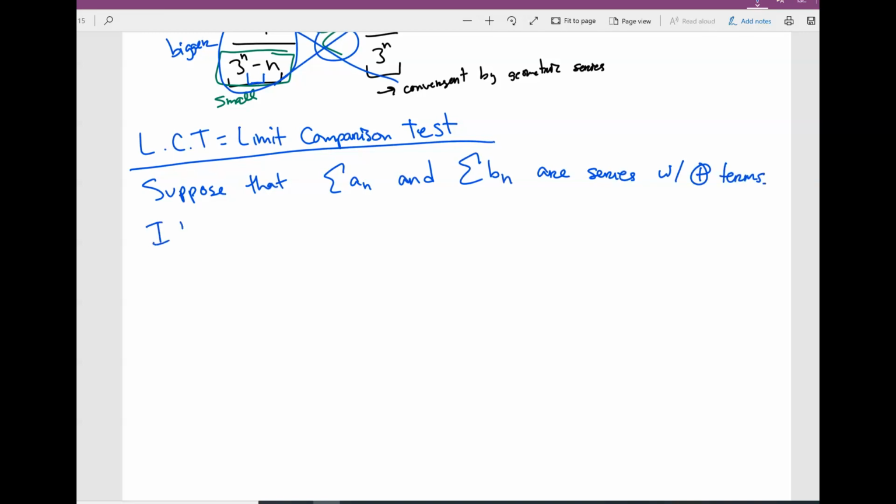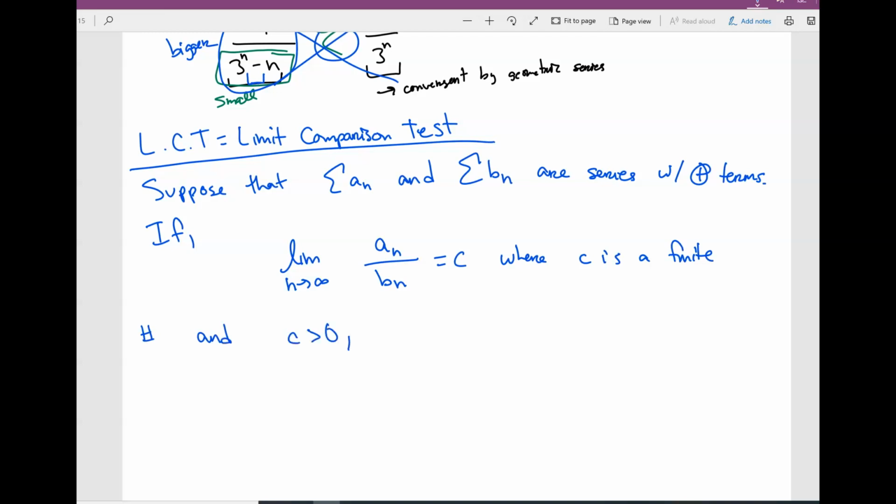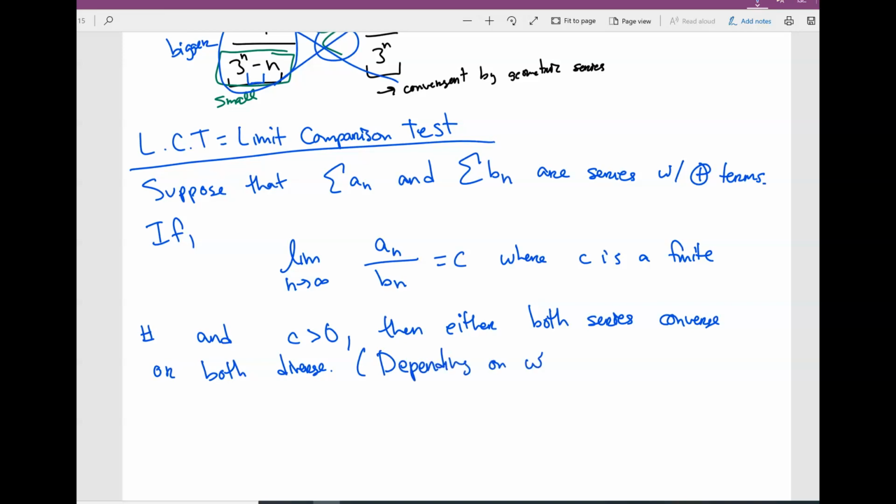If the limit as n goes to infinity of a sub n over b sub n equals c, where c is a finite number and c is greater than 0, then either both series converge or both diverge. This depends on what b sub n does.